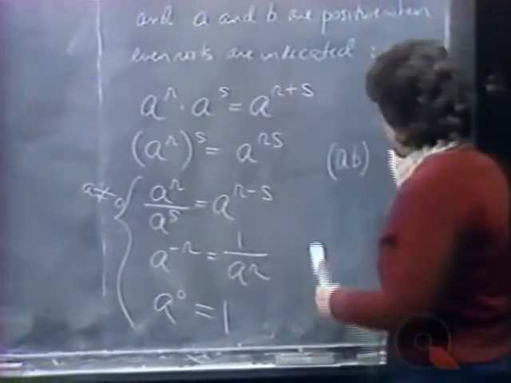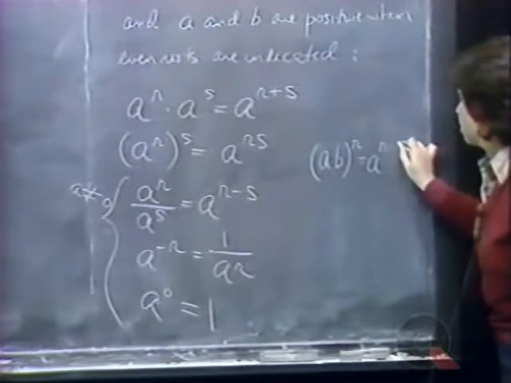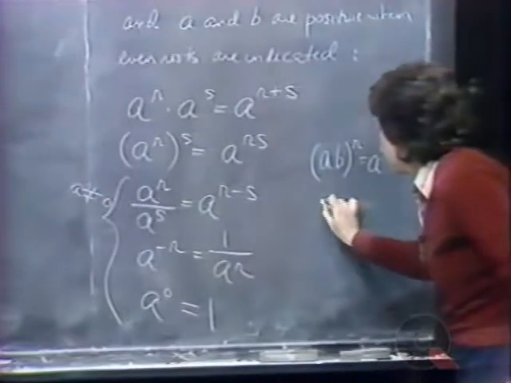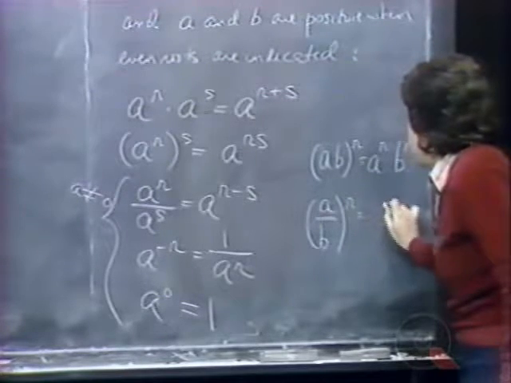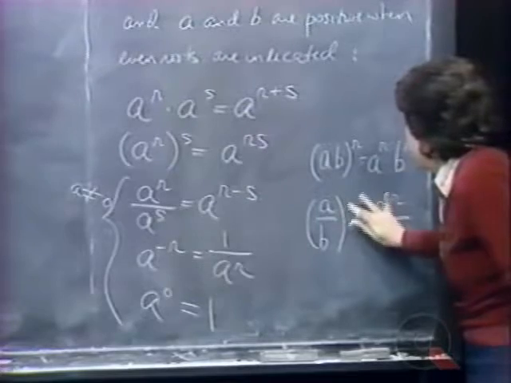AB to the r was a to the r times b to the r, and a over b to the r is a to the r over b to the r.